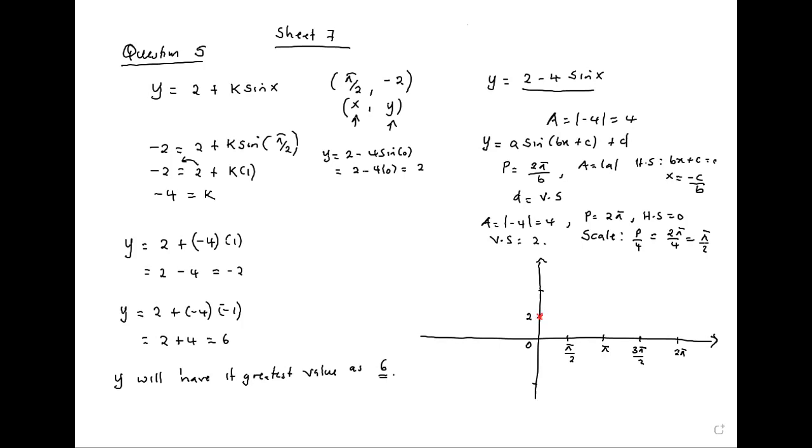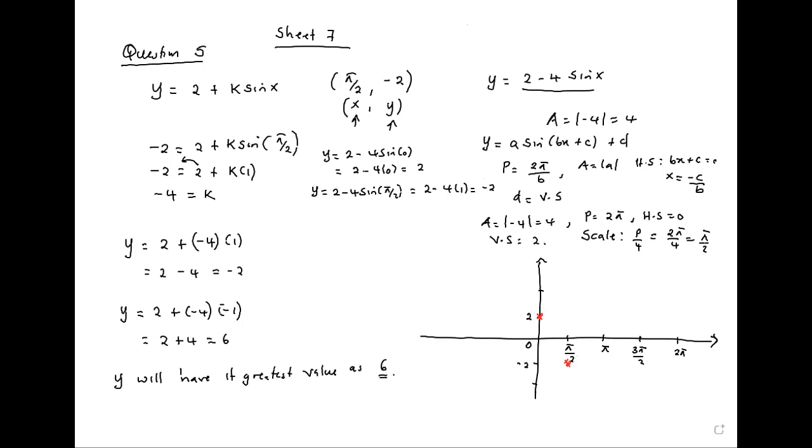Then you go to 90, get y is equal to 2 minus 4 sine 90. We also know that sine 90 is 1. So we get 2 minus 4, which is -2. So we go to -2 at this point and have a sketch. So we put a point there.